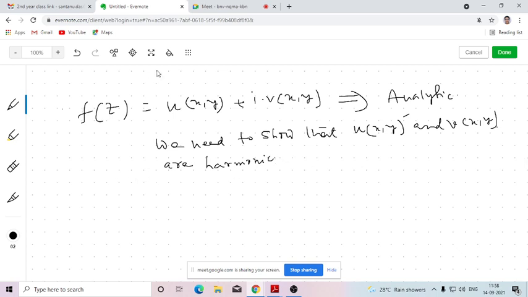In the previous example, I chose one function f(z) equals z squared, and I told that this function is analytic, so I showed that both the real and imaginary parts are harmonic. Here in general I need to show that. Since this function is analytic, the real and imaginary parts satisfy the Cauchy-Riemann equations. That means ux equals vy and uy equals minus vx.